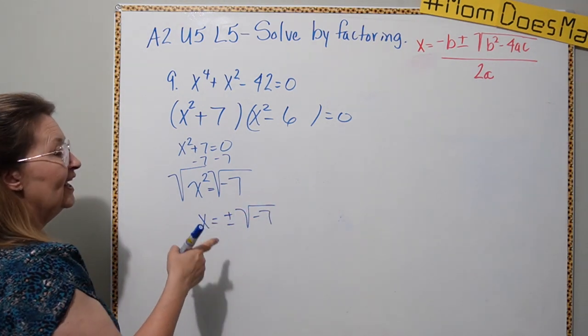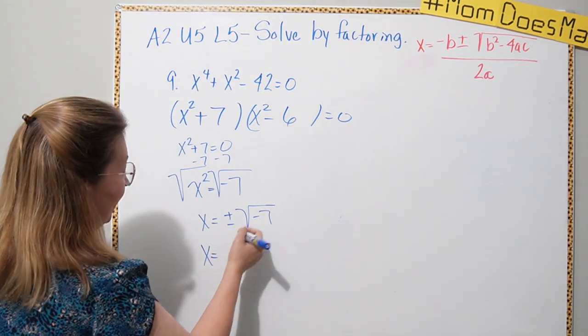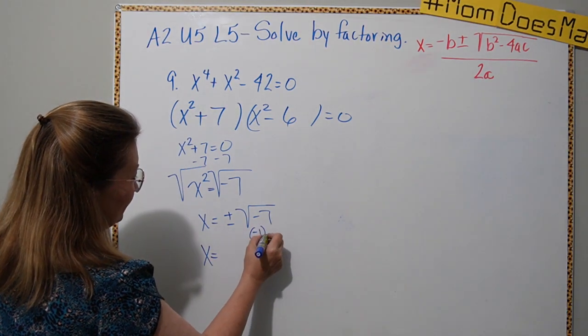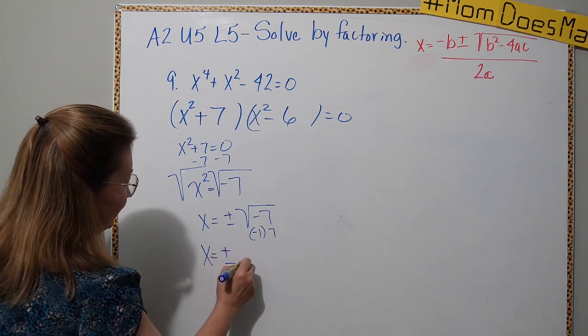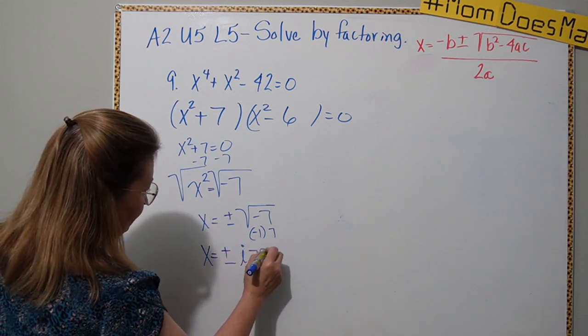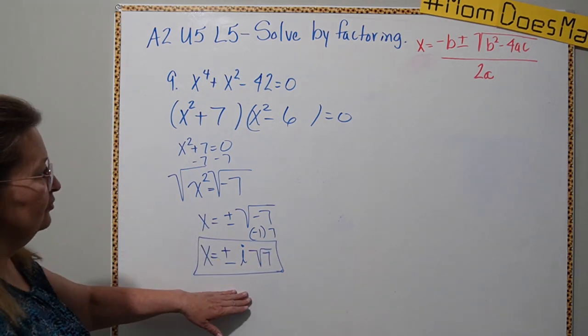Now you cannot leave a negative under your radical. That's not lowest terms. So how do you take the negative out? Well, you're actually doing negative 1 times 7. The square root of negative 1 is i. So it was just a manipulation technique, but this is your first answer.